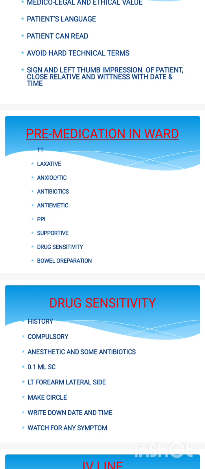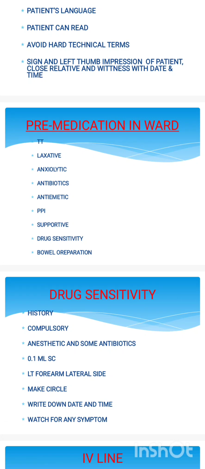If the patient is anxious, an anxiolytic drug should be given prior to surgery. It is better to give an antibiotic before the surgical procedure to prevent infection. As the patient is kept NBM, an antiemetic and a proton pump inhibitor should be given. Drug sensitivity should be taken for whatever drug you are going to use for anesthesia or any higher antibiotics.